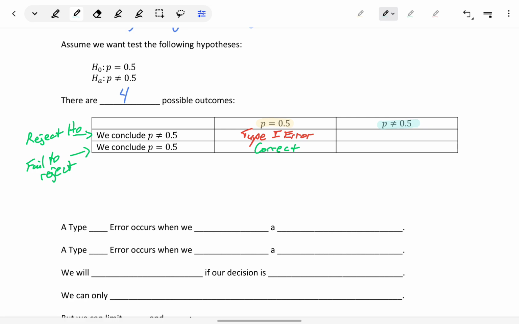If the truth is that P is not equal to 0.5 and we reject the null hypothesis, meaning we conclude that P is not equal to 0.5, then we reach the correct decision. If we conclude that P is equal to 0.5 when it's actually not, then we committed what's referred to as a type 2 error, or I should say a type 2 error occurred.